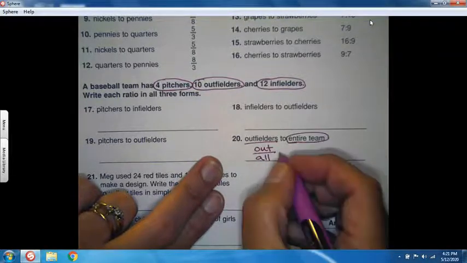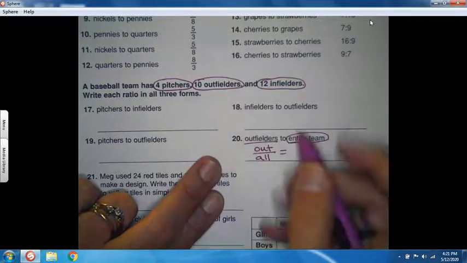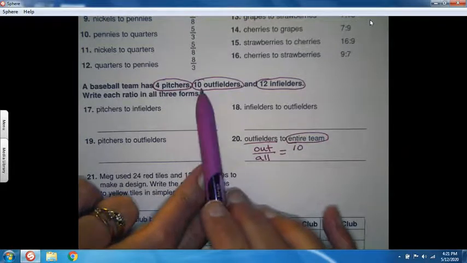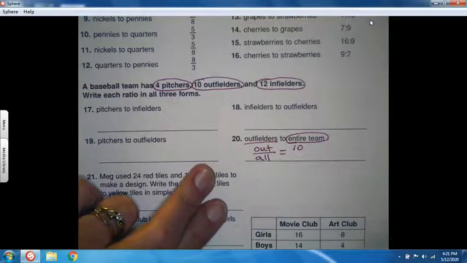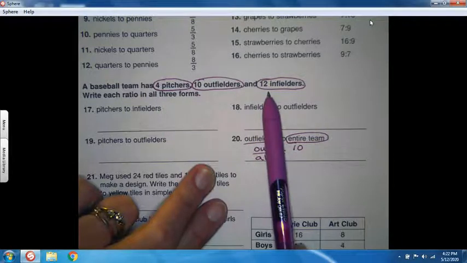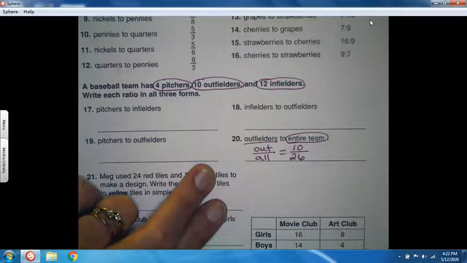Okay? So outfielders, how many we have? 10. And the entire team means you have to add up all 3. So this is 14 plus 12, 26. So 10 to 26. Okay?